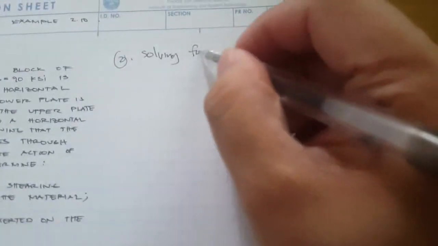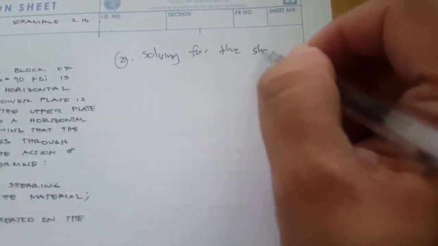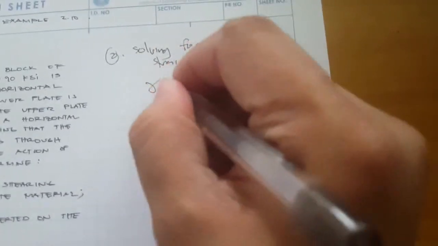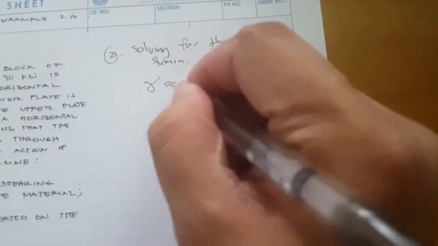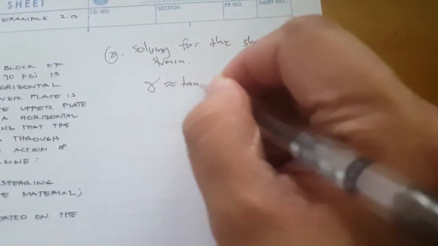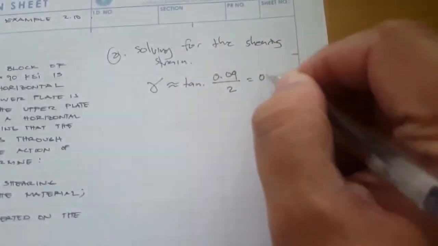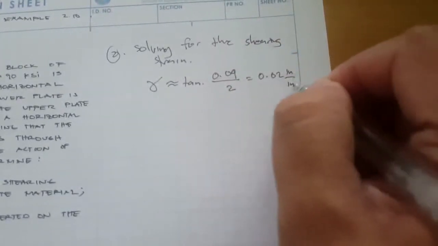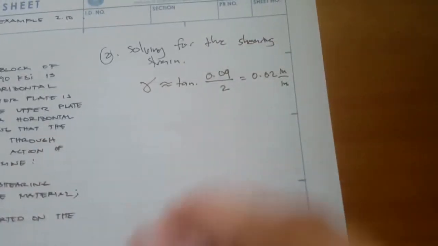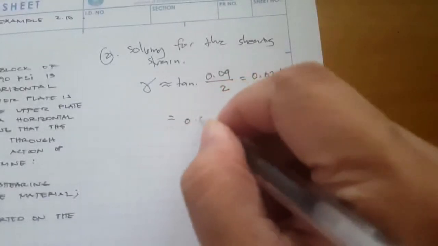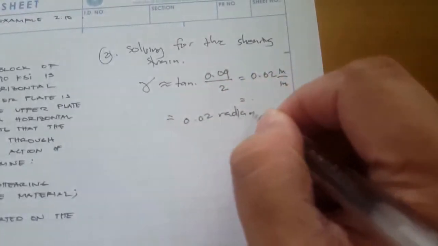Okay, so solving for the shearing strain. This one is simply approximately the tangent of 0.04 all over 2, which is 0.02 inch per inch, or radians.